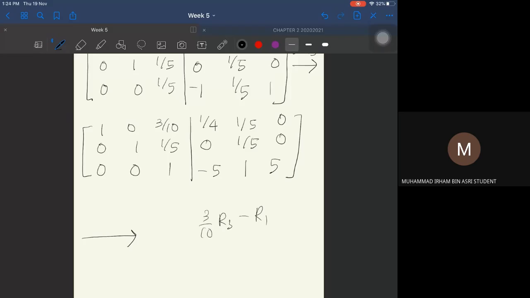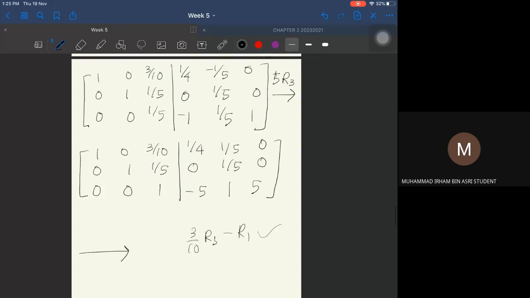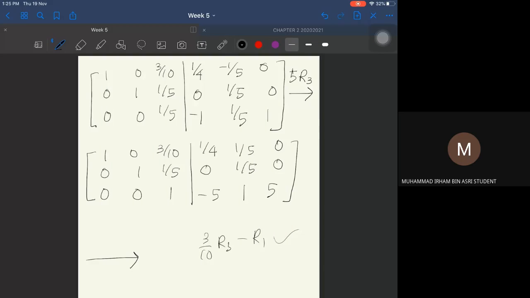So dia nak ubah 23 dia gunakan itu tadi. Betul? Okay. Ni betul lah. Okay. Cuma cara saya ajar ni saya letakkan row yang saya nak ubah kat depan. So yang ni pun betul, operation ni pun betul. Okay. Yang ni orang yang mahir ni lah dia boleh buat operation macam ni. Okay. So siapa yang tak mahir ikut cara yang saya ajar tadi lah, row kita nak ubah dan row yang akan berubah.